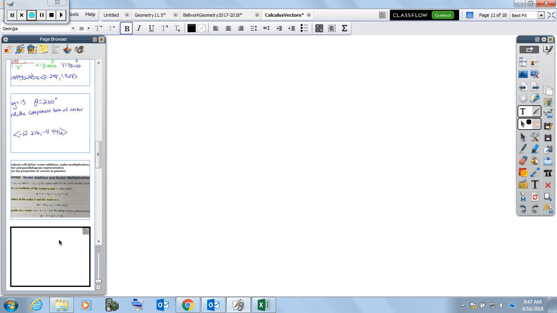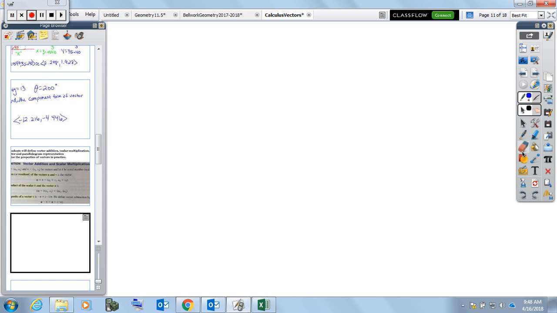Well, before we visualize, I also want to talk about a vector that we use later on in our lesson as we start talking specifically about velocities and speed and things of the nature. But let's talk about the unit vector here for a sec. You might also see a vector, all right? So let's say that we have the vector v over the magnitude of vector v, all right?